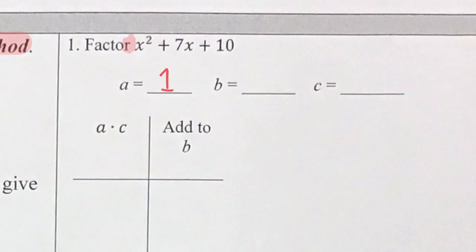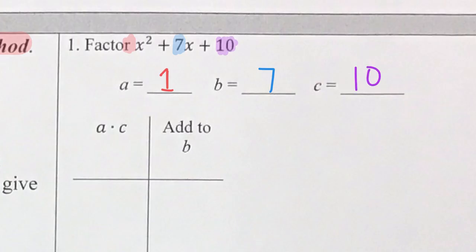B is the number in front of x, which in this case is 7. And the C value is the constant. It does not have a variable, which is why it's called a constant. The C value is 10.